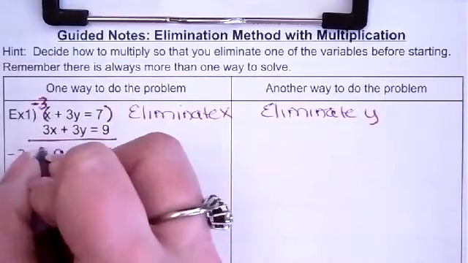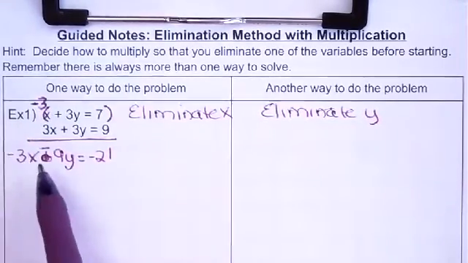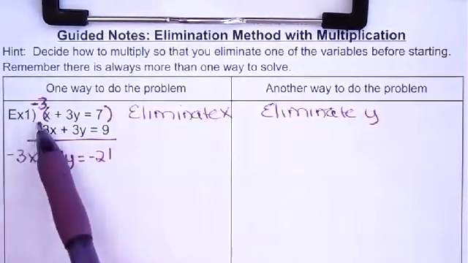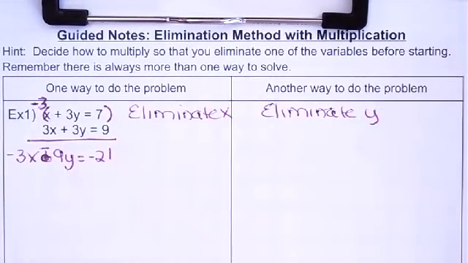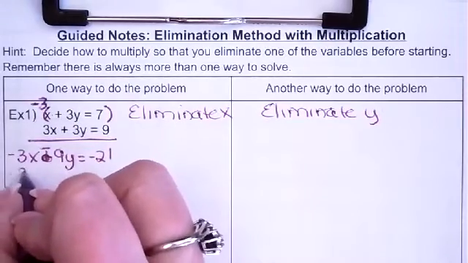That's supposed to be a minus. About to mess this up. -3 times +3 is -9y. Now, again, make sure that you do this like distributive property. You're going to multiply everything on that top one by -3. Now, my second equation, I'm not going to do anything with it but bring it down.